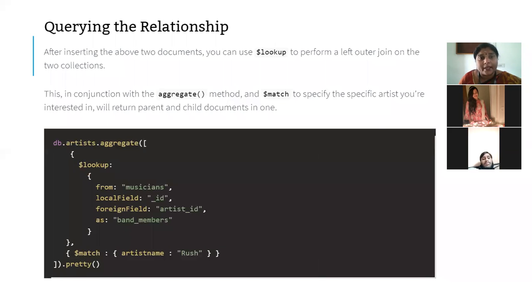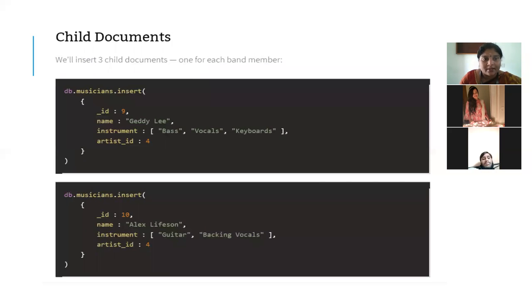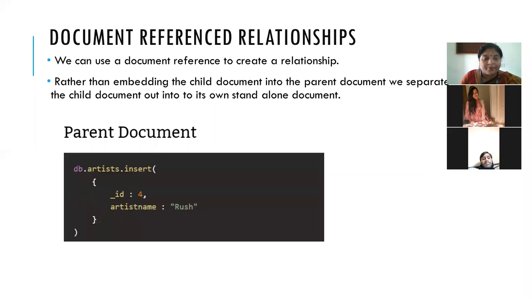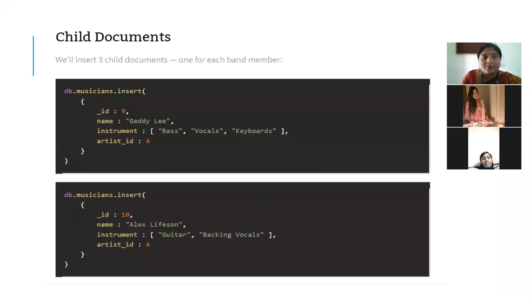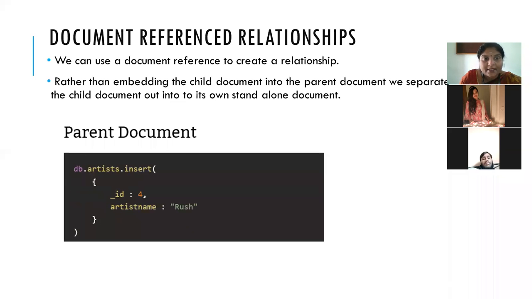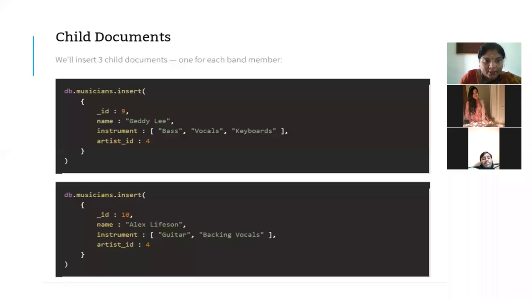Then how will I query, because the parent document is separate and the child document is separate? You should see how I'm matching. In the parent document, you see the ID for artist name Rush. How I'm connecting to this musician collection: musician ID is 9, but artist ID is 4. So through this artist ID only, I'm going to connect your primary, that is your parent document, and your child document.